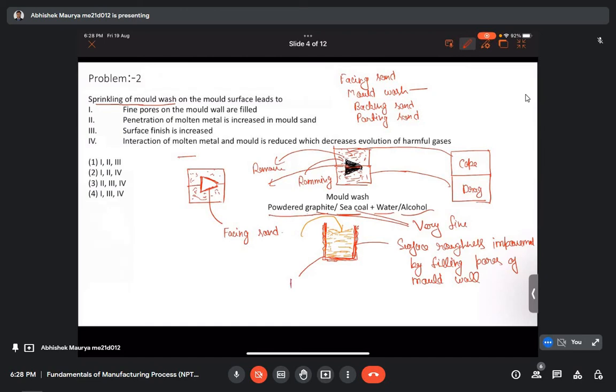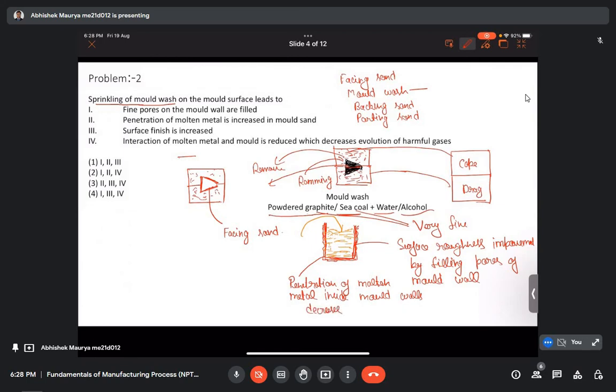So penetration of molten metal inside the mold wall decreases.